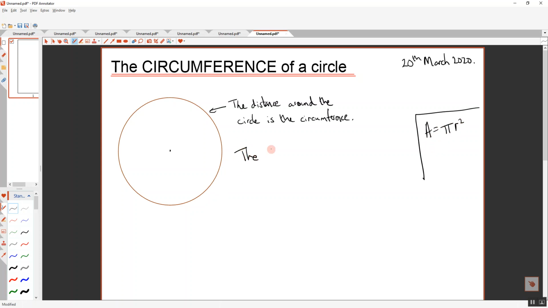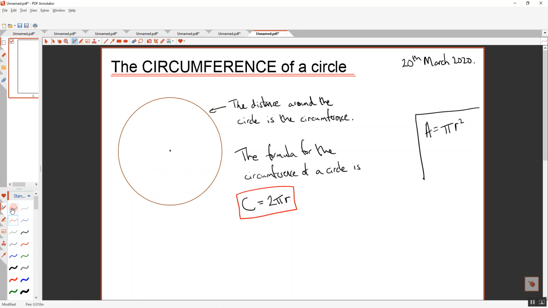Now, the formula for the circumference of a circle is, C stands for circumference, C equals 2 times pi times the radius. So that is our next important formula. This tells us the total distance around the circle.